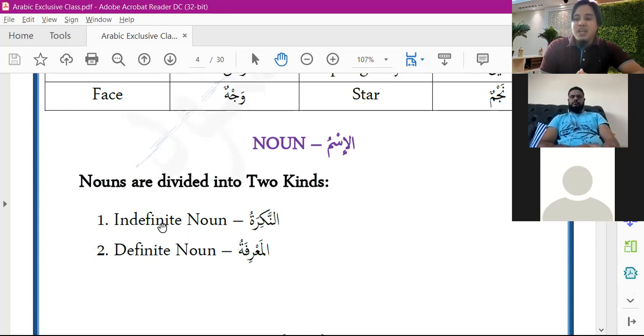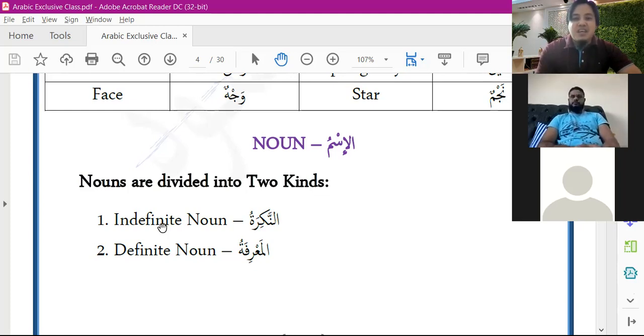For example, hada kursiyun, this is a chair. Or to make it unspecific, aina kursiyun, where is a chair? Any chair.